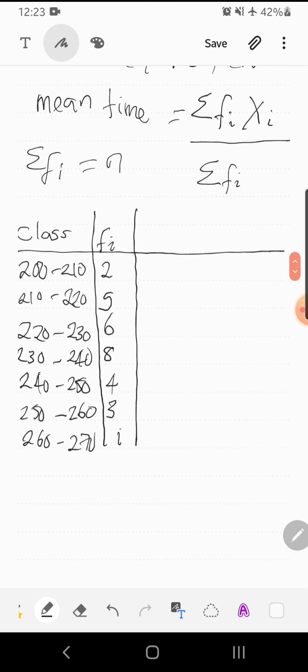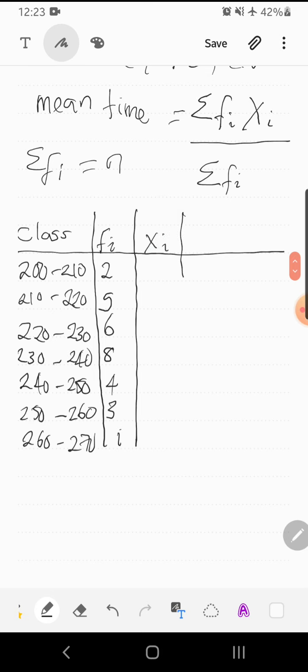Now according to the formula, we need the midpoints, which are the xi's. The midpoint, you just get the lower limit and the upper limit, add and divide by 2. So here the first one we have 200 plus 210 divided by 2. It gives you 205. 210 plus 220 divided by 2 gives you 215.